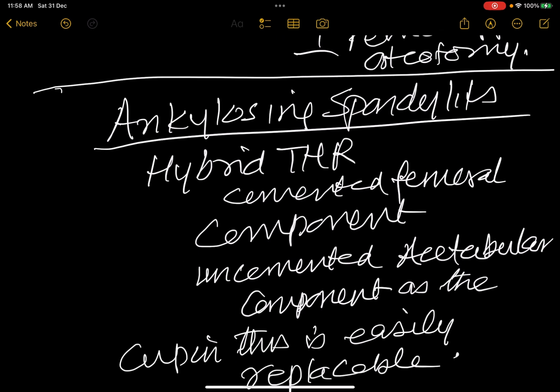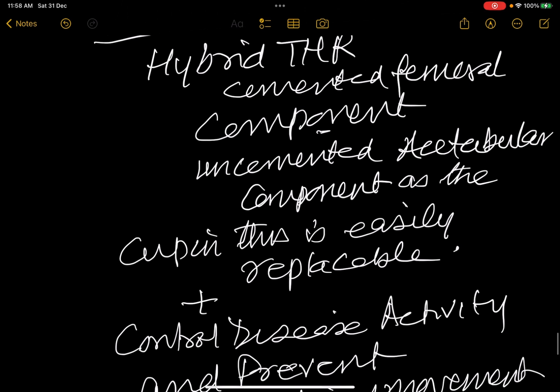In ankylosing spondylitis, you do a hybrid total hip replacement where the cemented femoral component is not to be disturbed, but the uncemented acetabular component helps you replace the cup when it gets worn out easily.